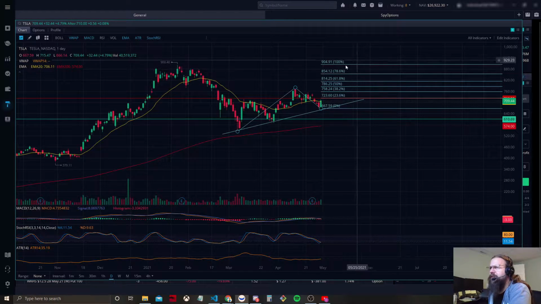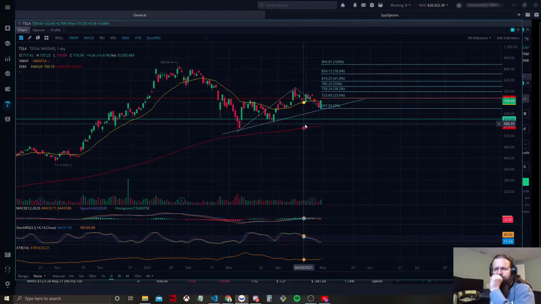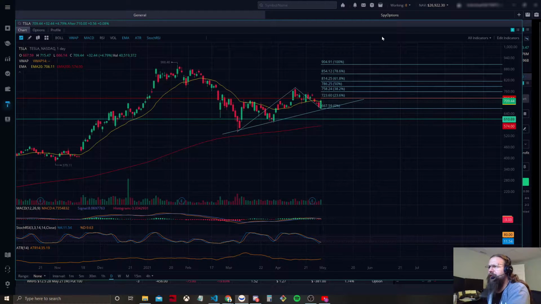You can see I have some extra lines here. These are the Fibonacci extensions for this trend. If you're unfamiliar with the Fibonacci retracements or extensions, they can be a handy tool. Again, as I said, I try to keep as clean a chart as possible.